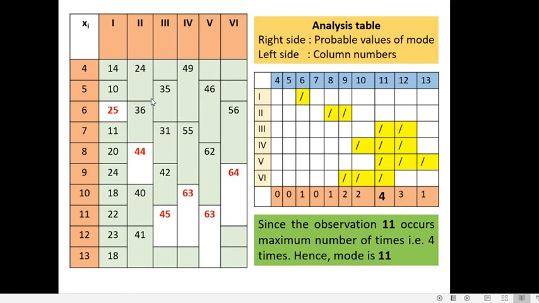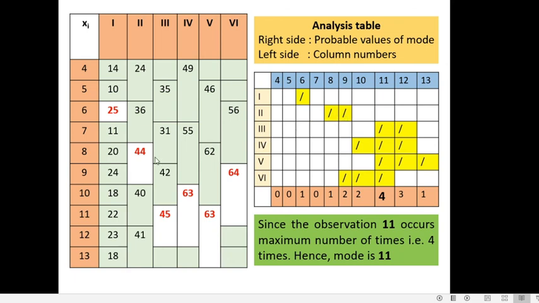Now moving to the second column. In the second column, 44 was the highest observation, and 44 is the sum of 20 plus 24, which corresponded to 8 and 9. So I put tally bars under 8 and 9.